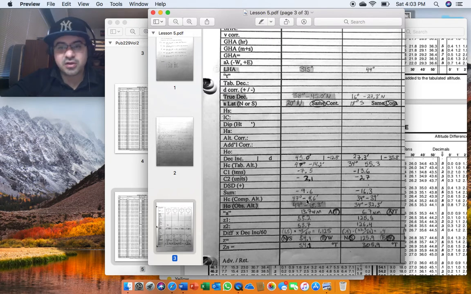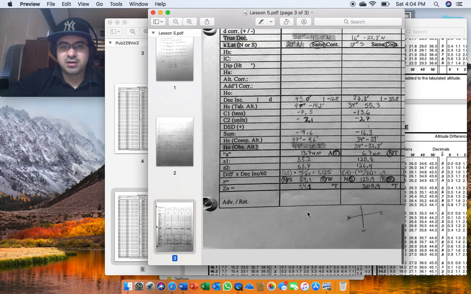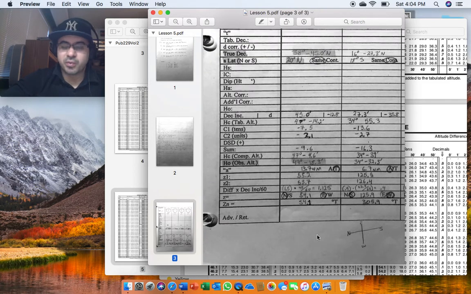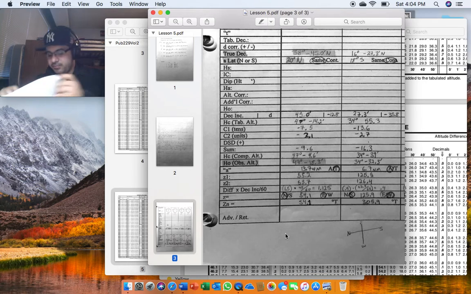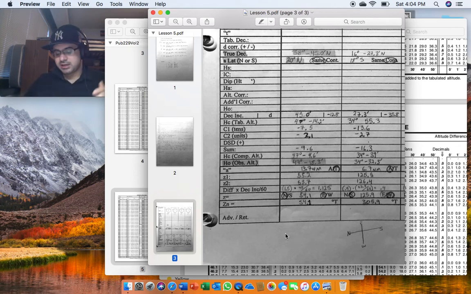This we calculated on our own. Remember, how do you get your A? Your A from the rules before. I didn't write it here, but remember, if HO is less than HC, you are away.